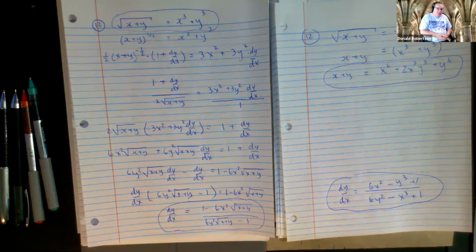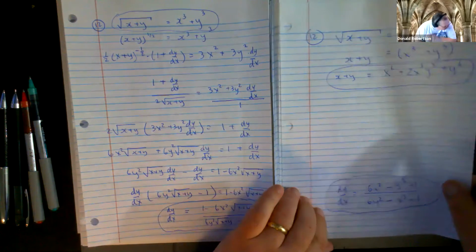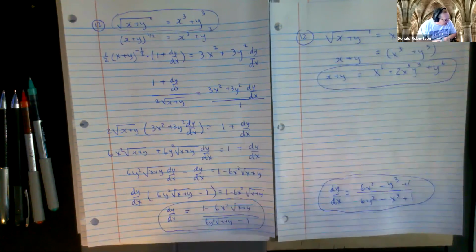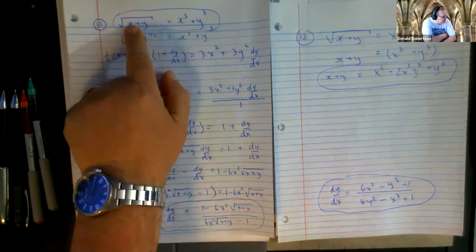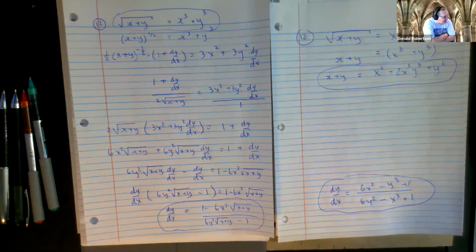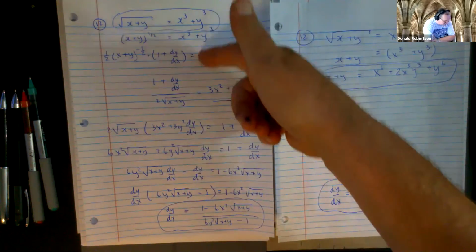Analogy. Do you know in trig, you can have two different expressions that look totally different from each other, but they're actually equal to each other as far as trig's concerned? They're equivalent. So what am I getting at here? You might look at an implicit differentiation question like number 12, and you might just blindly do the process.